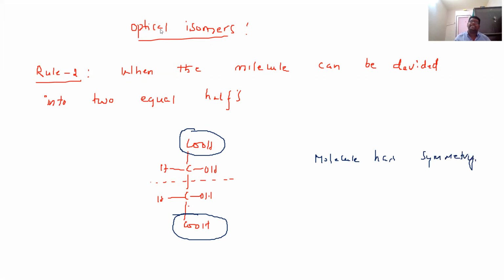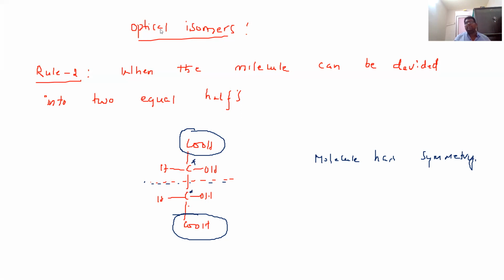So in this case, there are two cases. Case 1 is an even number of asymmetric carbons. Case 2 is an odd number of asymmetric carbons. How to calculate the number of optical isomers present in a given organic compound that can be divided into two equal halves? For example, here how many asymmetric centers?